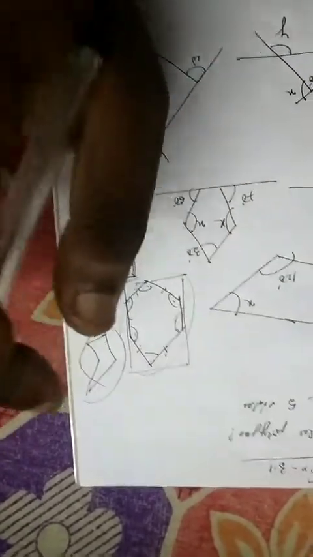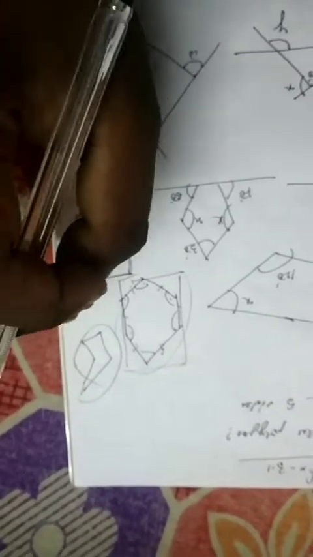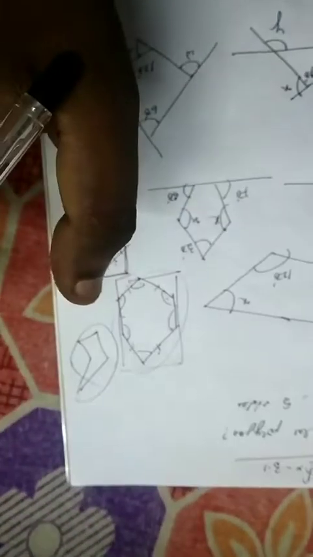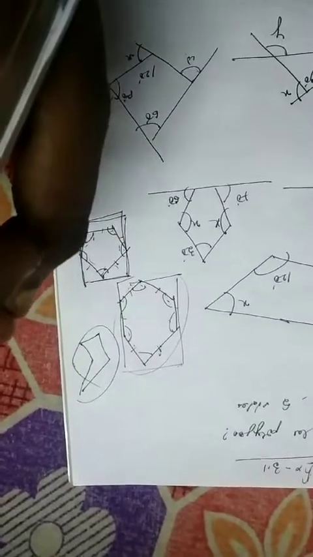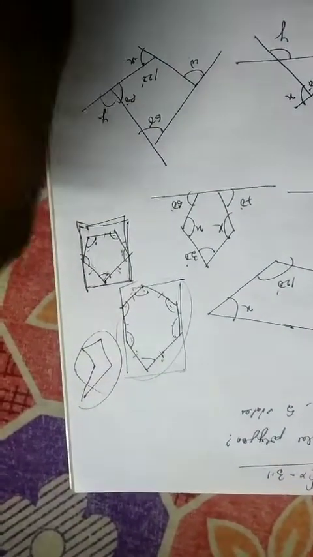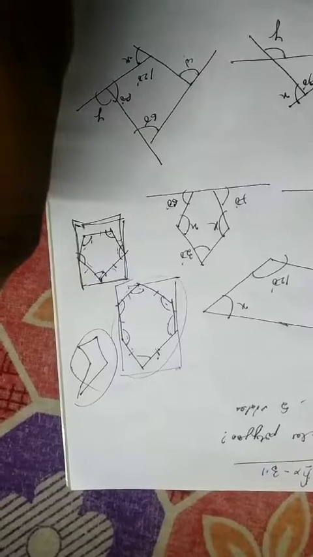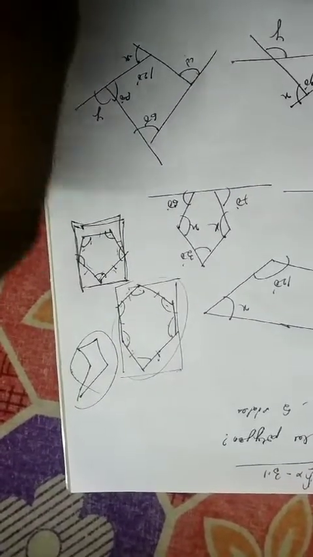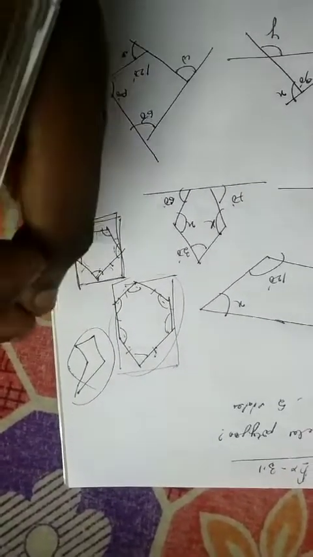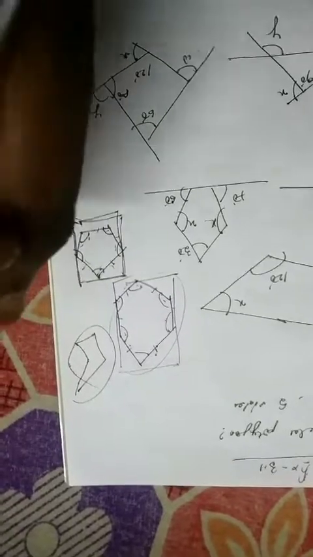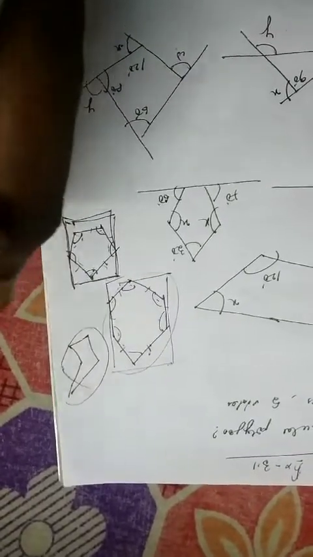That would be considered a normal pentagon. Any figure having five sides is called a pentagon. But if all five sides are equal in measure and all five angles are equal in measure, that is an example of a regular pentagon.